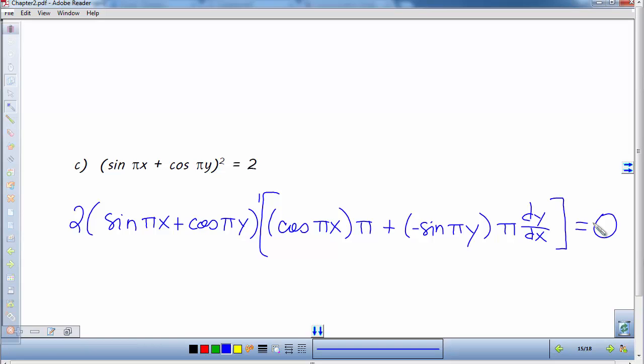Okay, so we dealt with the derivative of the outside and also the derivative of the inside.